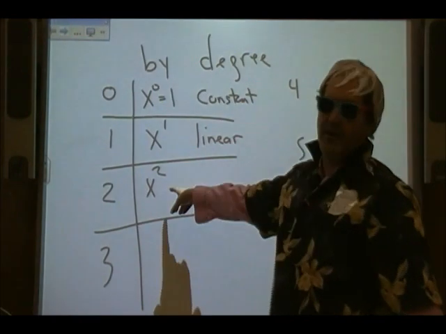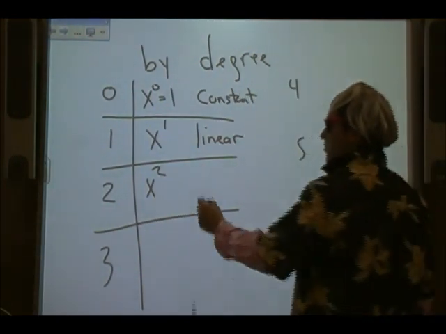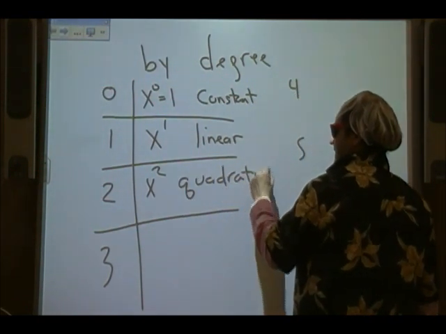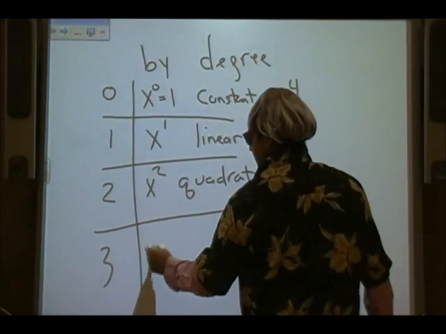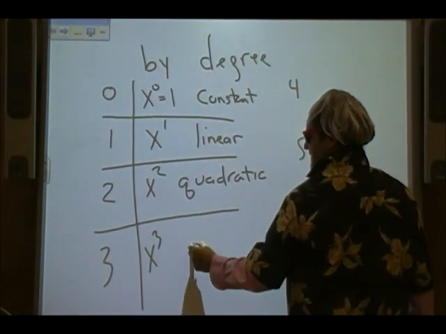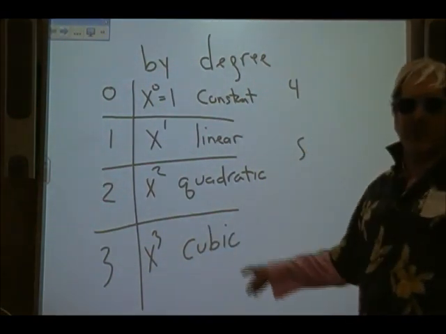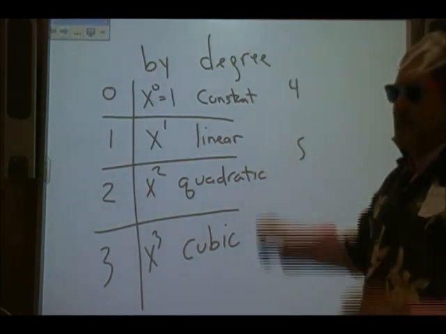And remember, a square, length times width, has 4 parts. So this is called quad. Quad means 4, so this is a quadratic. Okay, to the third power, because it forms a cube, they call it a cubic equation, 3 dimensions.